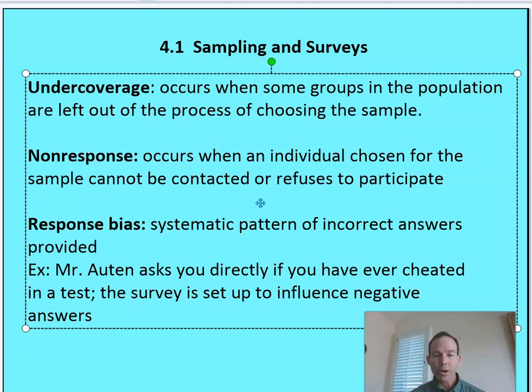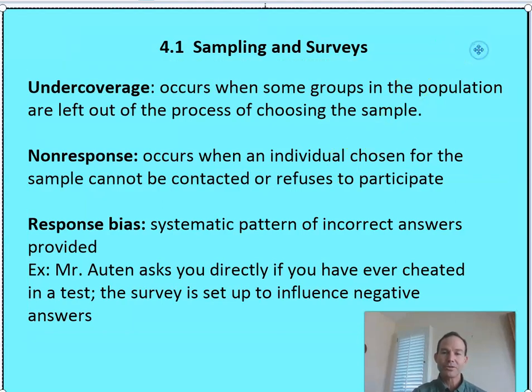For example, if I walked up to you directly and asked you if you've ever cheated on an AP stats test, then I am influencing a response bias, because you're less likely to respond with a truthful answer when I'm there than if you were to respond anonymously, perhaps at some other point in time after you're done with the course.